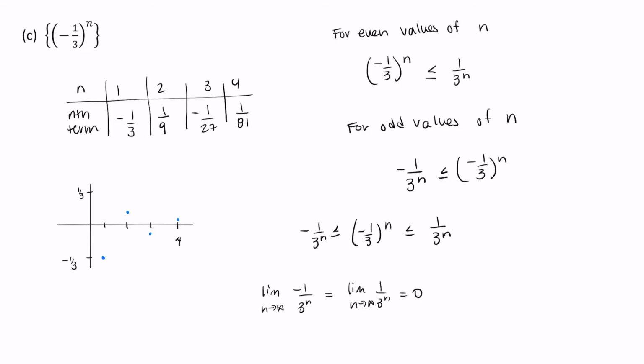And this limit is 0. Therefore, the limit as n approaches infinity of negative 1/3 to the nth power also equals 0. So this sequence is convergent. And we use the squeeze theorem.